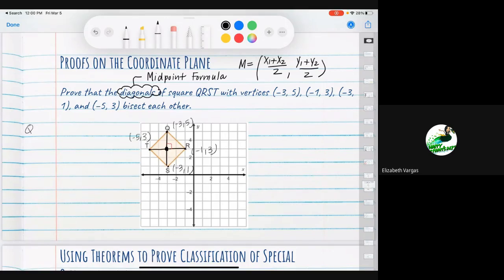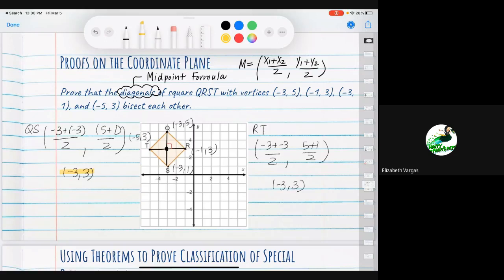So I'll try Q and S, which gives me (-3 plus -3) over 2 and (5 plus 1) over 2, which gives me (-3, 3). Okay, now test R to T. That's my other diagonal, which gives me (-3 plus -3) divided by 2, (5 plus 1) divided by 2, which gives me (-3, 3).